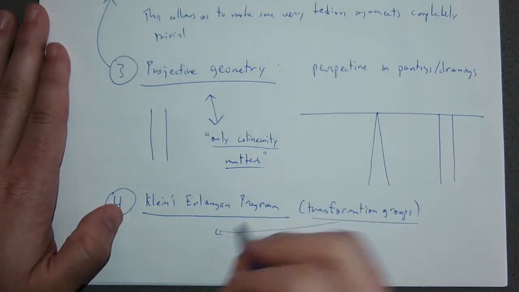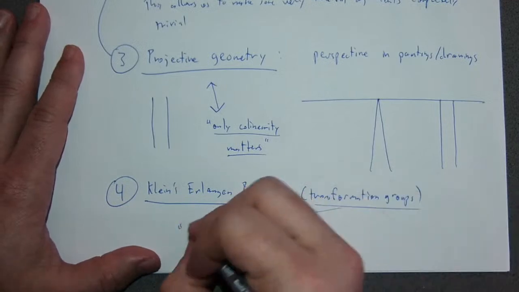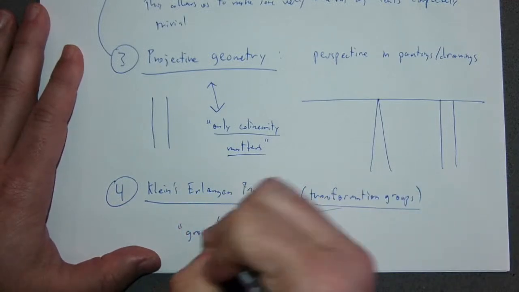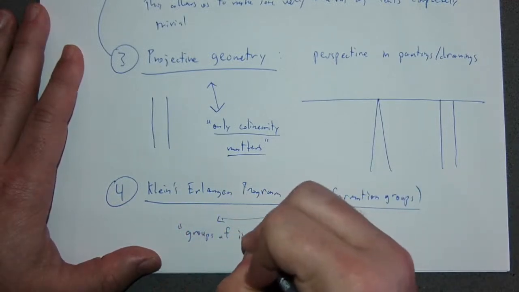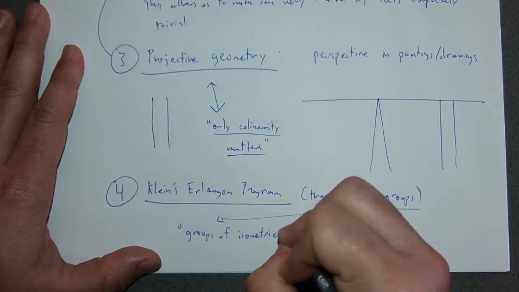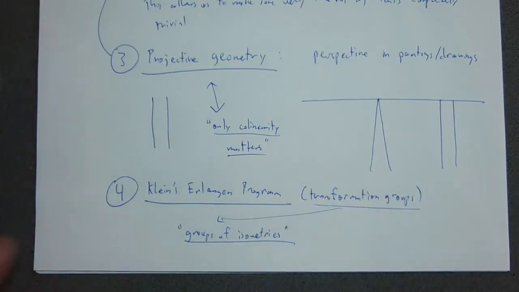Transformation groups, what we mean here are groups of isometries. Groups of isometries. Okay, so I'm going to isolate 2 words here.